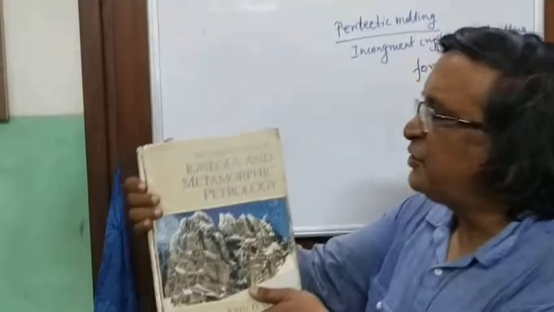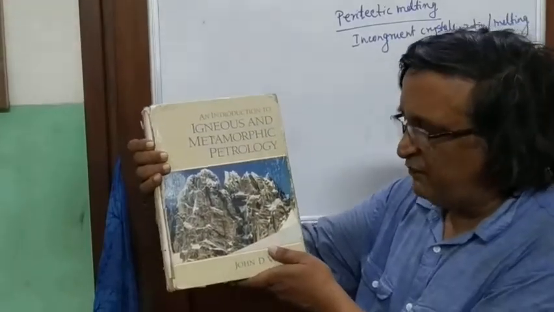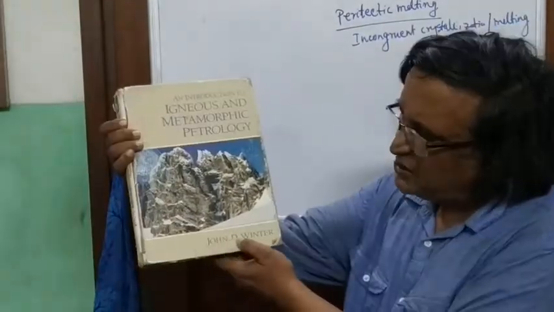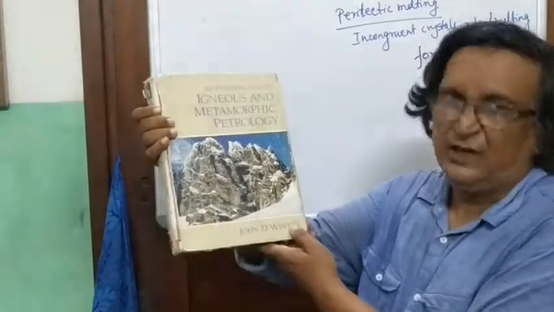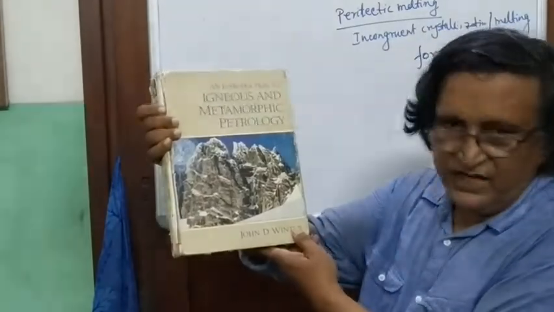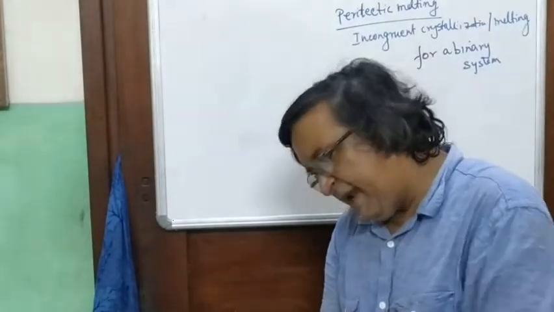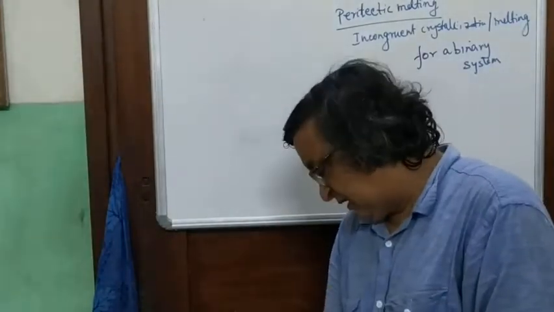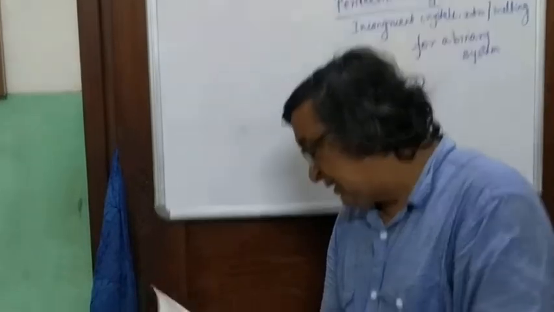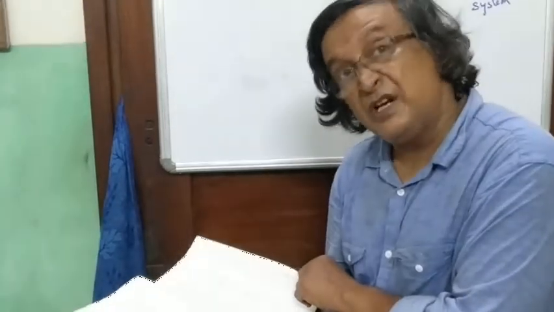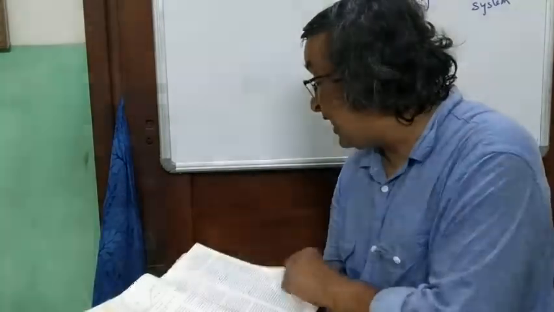This is the book again. An Introduction to Igneous and Metamorphic Petrology by a person called John D. Winter. You can read the book. And again, I will give you the page number. This is a good book for fractional crystallization, equilibrium crystallization.